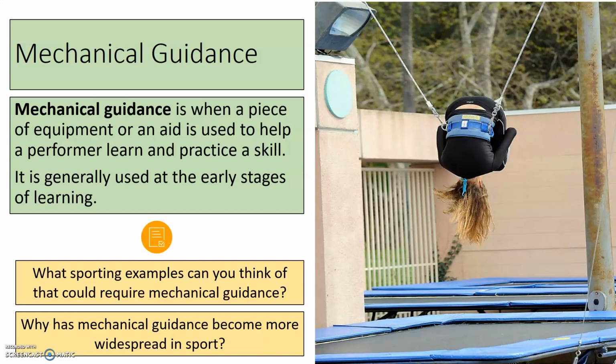Technology is playing a real big part in sport today, not only in terms of refining and changing performance, but also it's used in feedback and guidance, especially for coaches to help with their specific athletes. So we've got a greater advancement in technology, and that's why it's now being used more widespread, because some of that technology becomes cheaper. If it's massively produced, it's more accessible for lots of different countries.